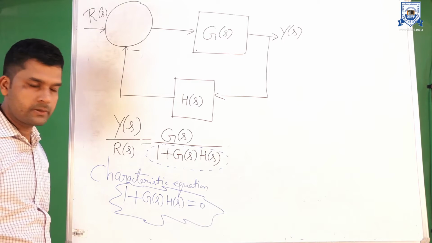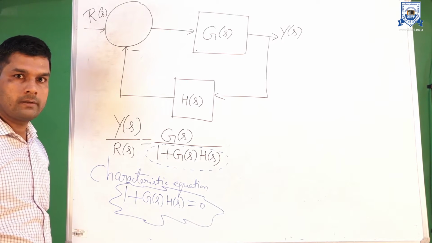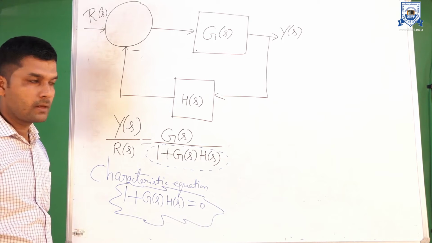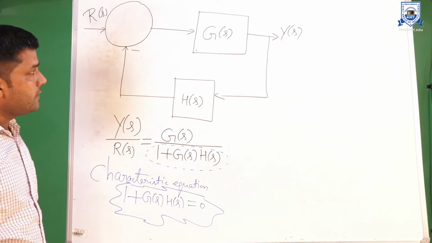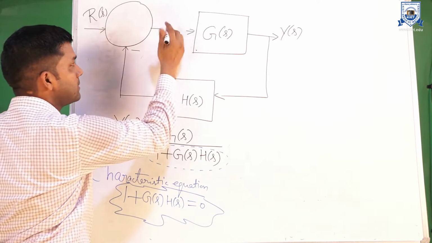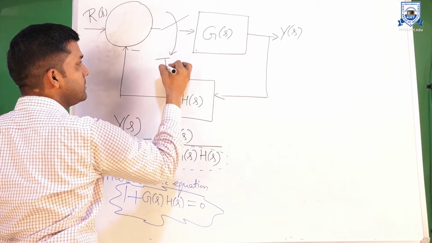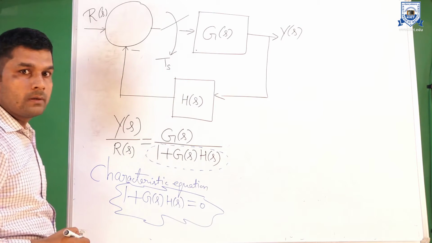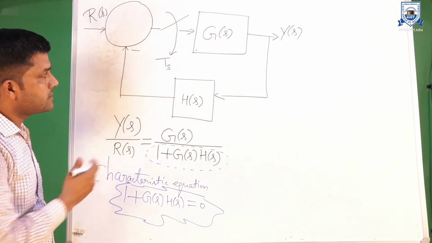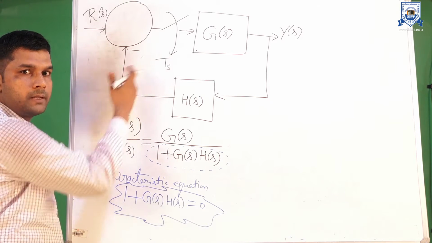This is the characteristic equation by which we can obtain the stability of the given control system. Now, if we add one sampler here of sampling time Ts, how do we obtain the transfer function of the given system?